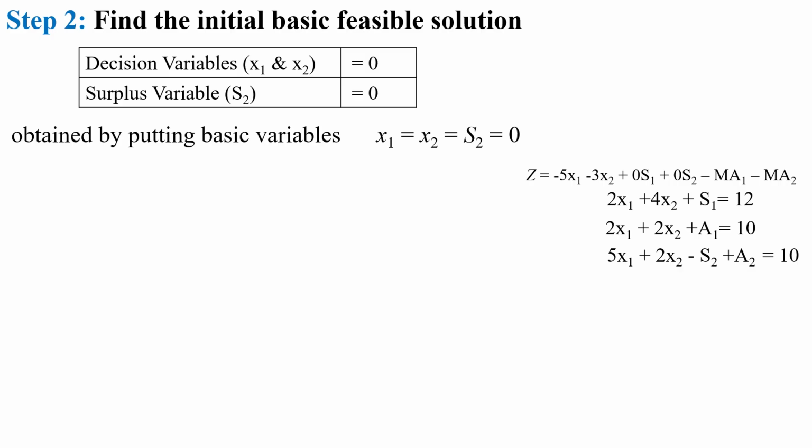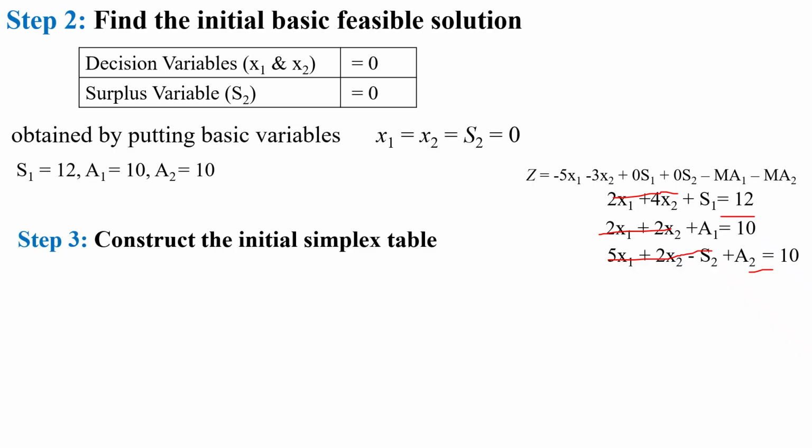Then we will get the initial basic feasible solution. From the first constraint equation, s1 equal to 12, from the second constraint equation a1 equal to 10, and from the third constraint equation a2 equal to 10. So s1 equal to 12, a1 equal to 10 and a2 equal to 10.